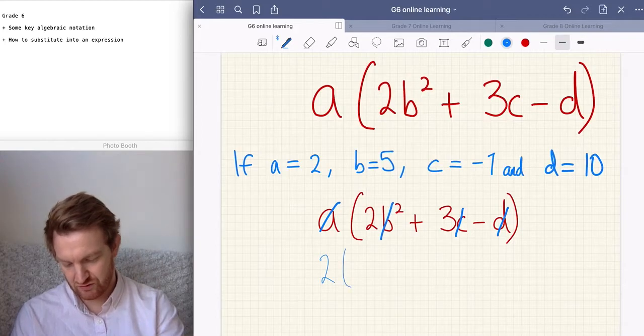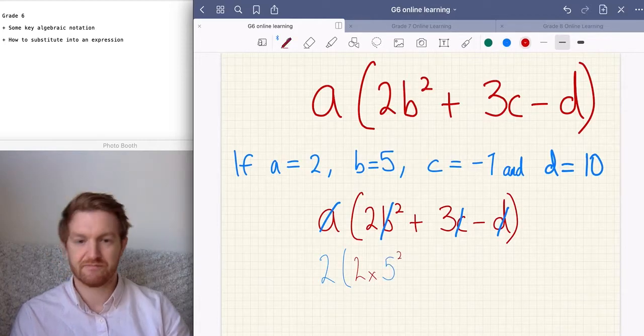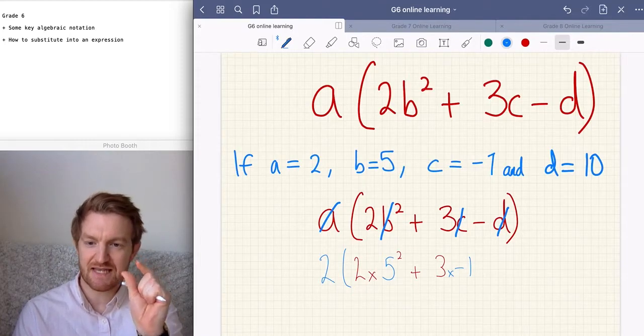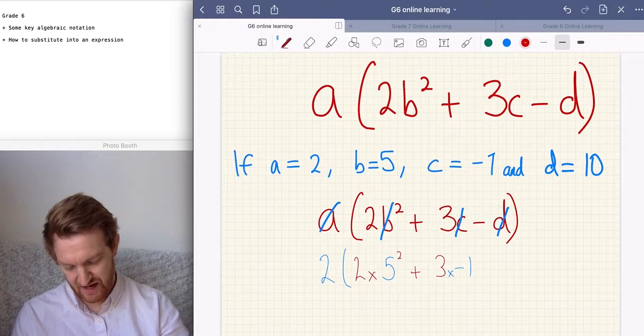Then we've got 2 lots of B squared, which is 5, and we know we're going to square it. We've also got 3 lots of C. Well, C is negative 1. Notice I'm replacing C and not the 3. Finally, we're going to subtract whatever D is. Well, D is 10.